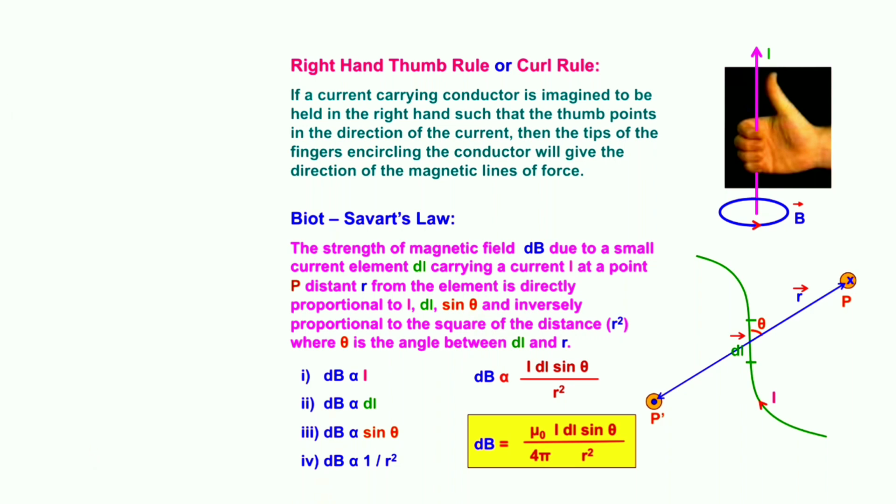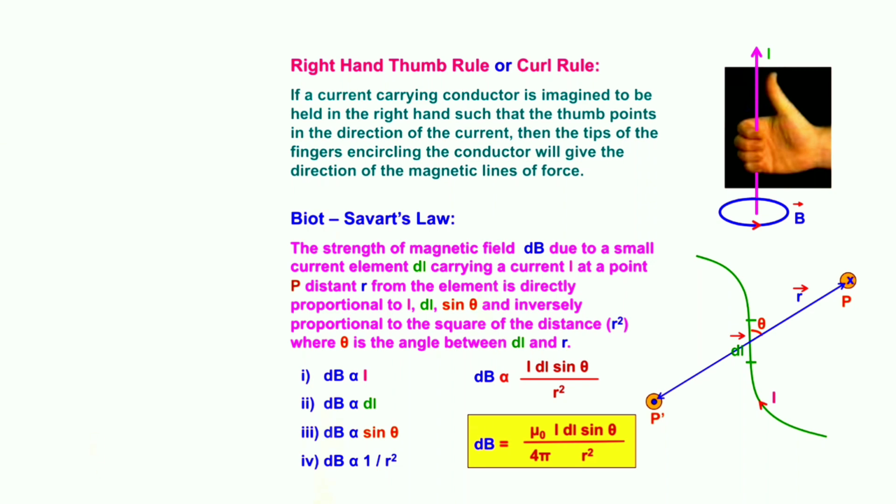So we have the relations dB proportional to I, dB proportional to dl, dB proportional to sine theta, and dB proportional to 1 by r square. Now combining all these relations together, we have dB proportional to I dl sine theta upon r square.